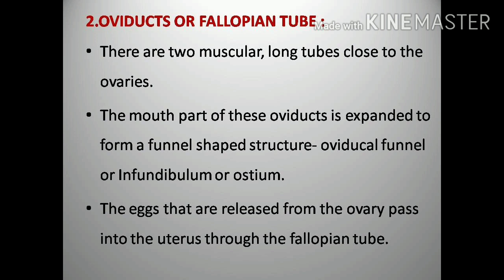The eggs released from the ovary are carried by the fallopian tube and enter the uterus region. Here the fallopian tube shows peristalsis-like movement, means contraction and relaxation. With the help of this peristalsis movement, it pushes the egg to the uterus region. So it is the fallopian tube or oviduct.